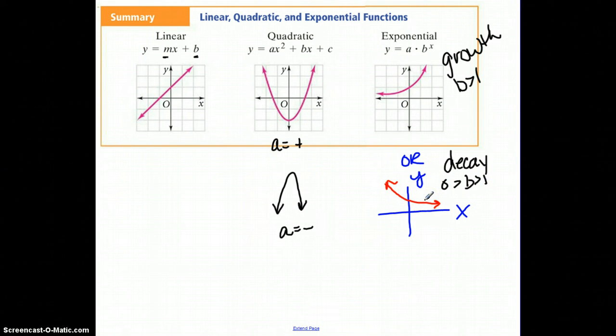Now, in most of these problems it's going to be enough to see if they're straight or if they're curved. If they're curved, quadratic is the only one that can go through 0, 0. Exponential will never do that if it's curved. So that's something to think about as we're going through this.